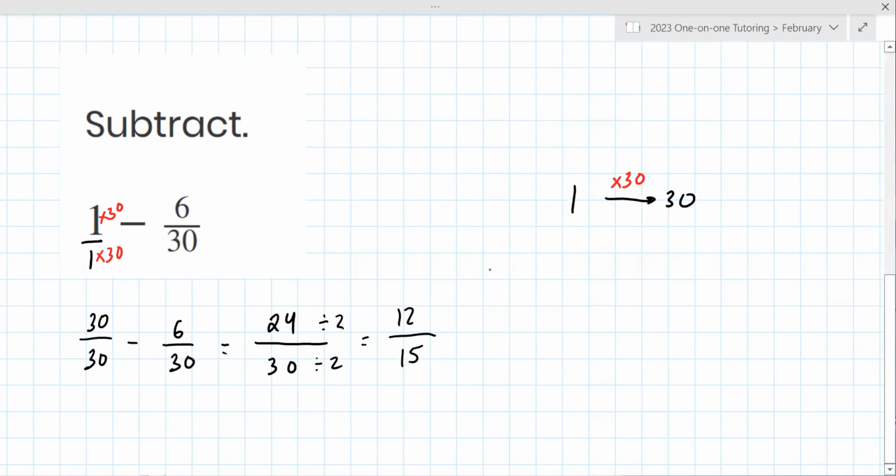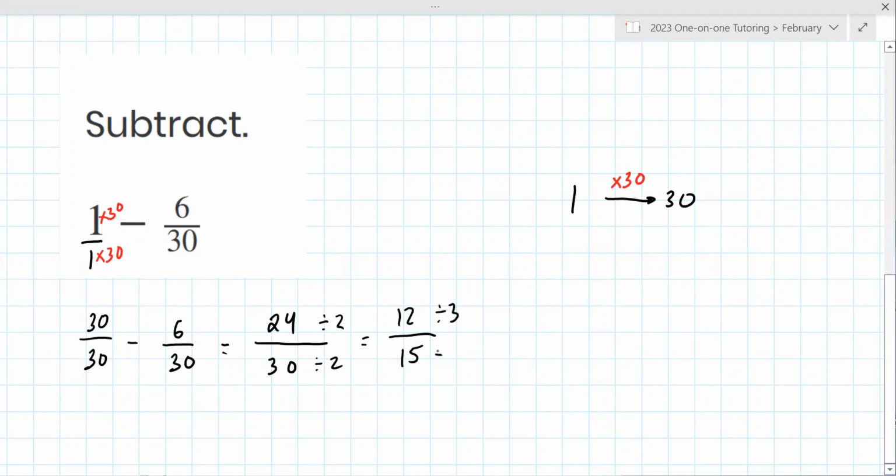Now, does 2 go into the top and the bottom? Can we divide by 2 again for 12 and 15? Has to work for both. No. Okay. How about 3?